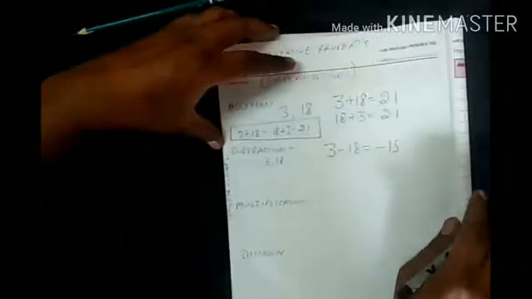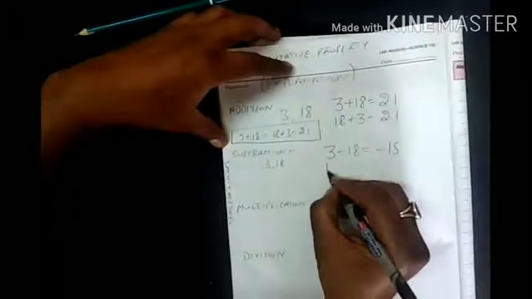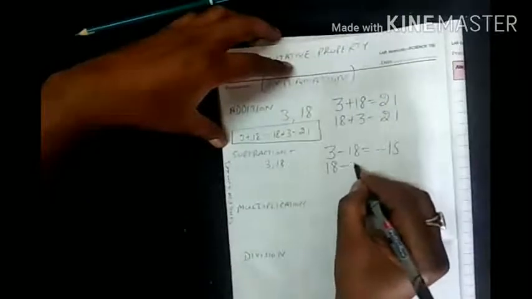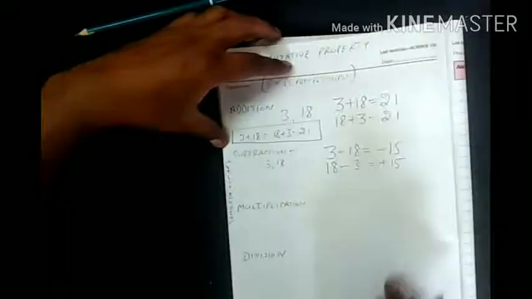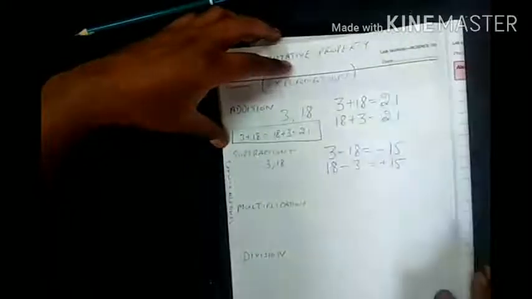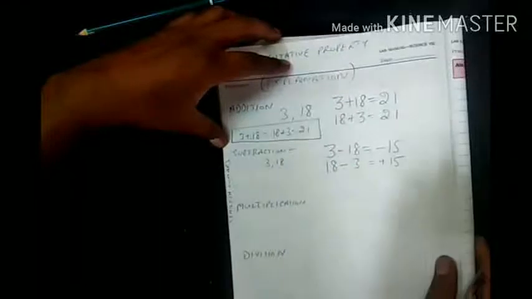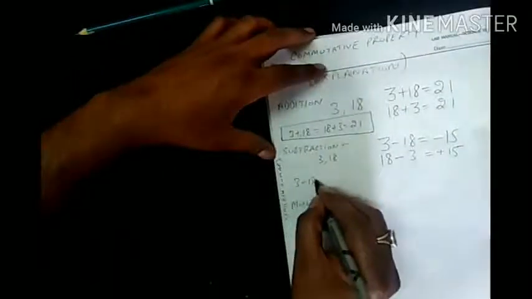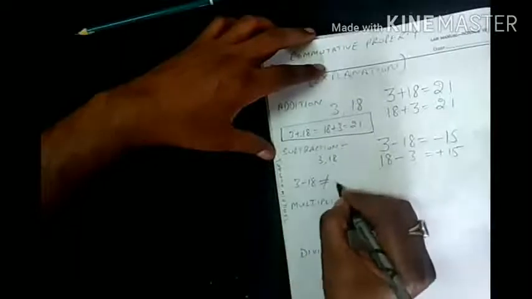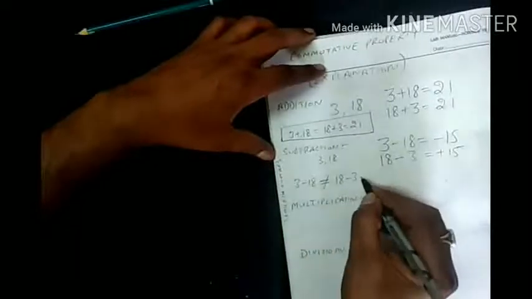First I do 3 minus 18. Then what will be my answer? My answer will be minus 15. Clear? Now I will do 18 minus 3. Now my answer will be 15. Here these are not the same. So I will write 3 minus 18 is not equal to 18 minus 3.